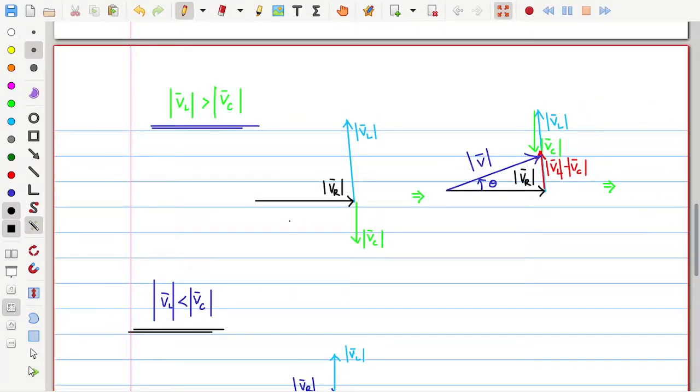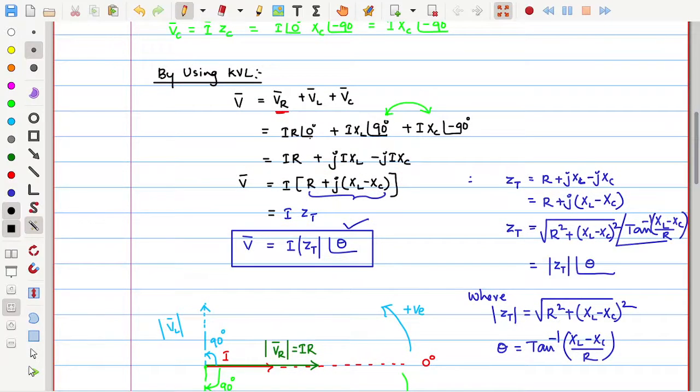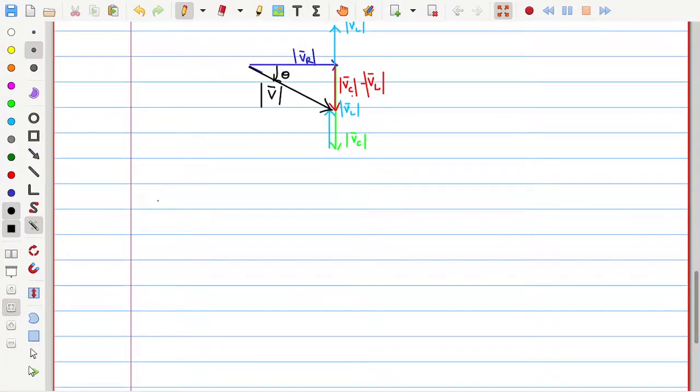How I drew all these things is based on these expressions only. See that VR is at 0 angle, VL is 90 degrees, VC is minus 90, and so on. Let me give you one more point. Just try to observe here that the impedance of this RLC circuit is R plus j(XL minus XC), which can be expressed in polar form as mod ZT at an angle of theta.